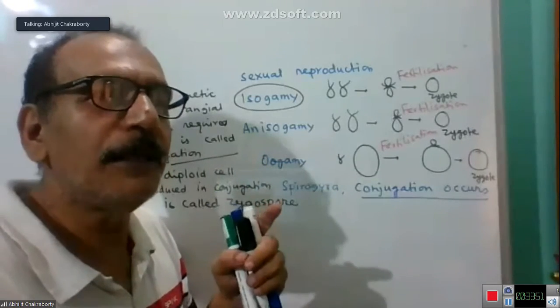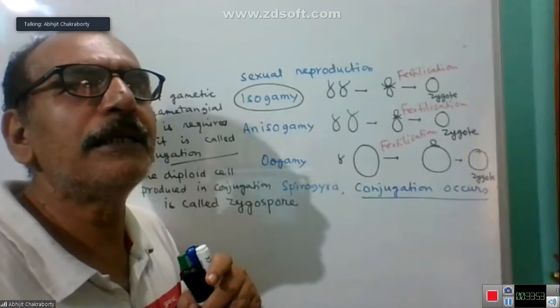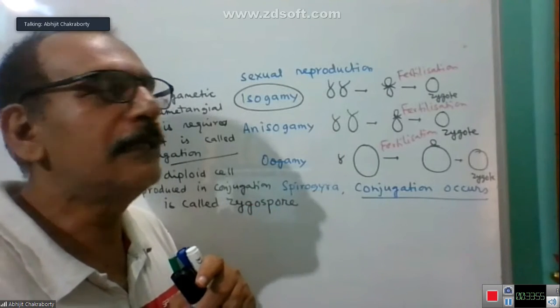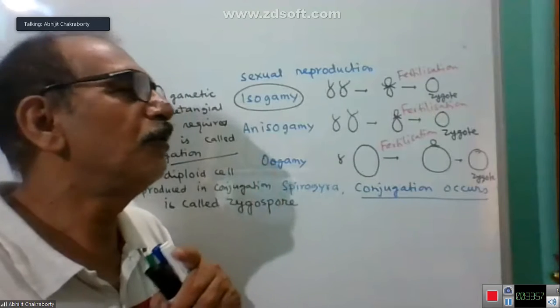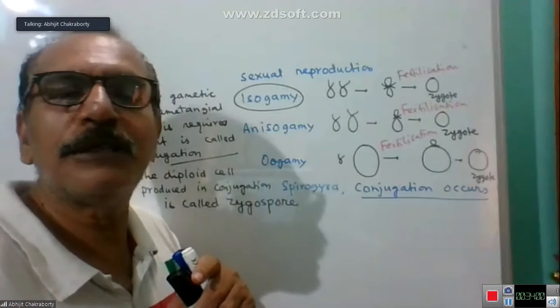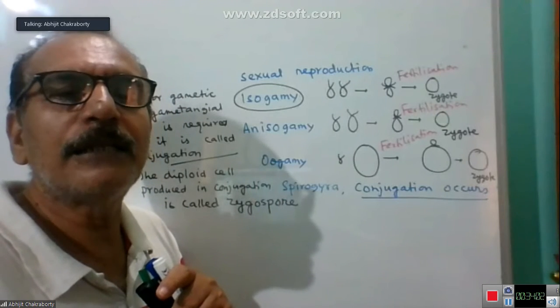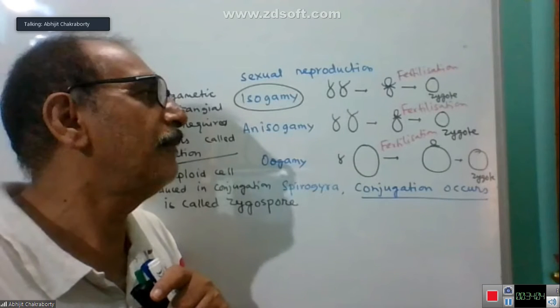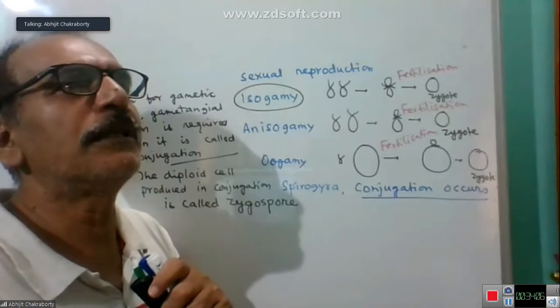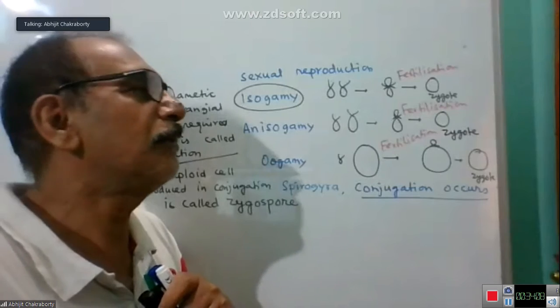In anisogamy, two gametes are found to be dissimilar. As they are dissimilar, the smaller one is considered the male gamete and the larger one is considered the female gamete. Obviously, the amount of food stored is more in the female gamete than in the male gamete.